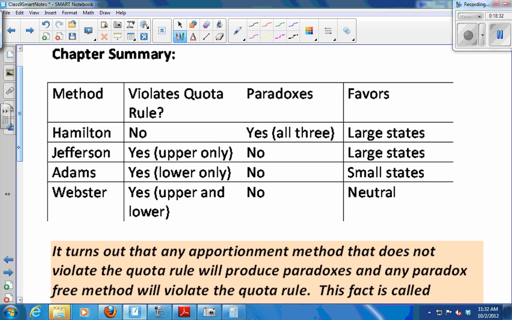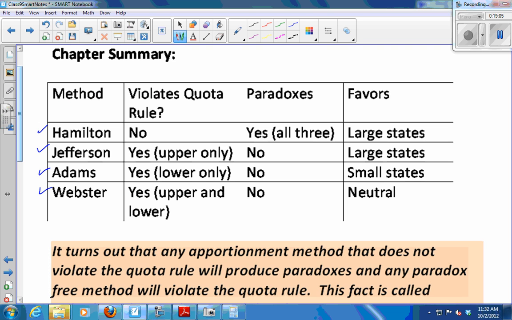So to summarize chapter 4, we learned 4 apportionment methods: Hamilton's, Jefferson's, Adams', and Webster's. Hamilton's method never violates the quota rule, so it's got that going for it, but it has all these weird paradoxes, things that happen where a state's population can get bigger, but it loses a seat. We can increase the number of seats to be given out, but a state loses a seat. And when you add a state with its fair share, that can affect the apportionment of other states.